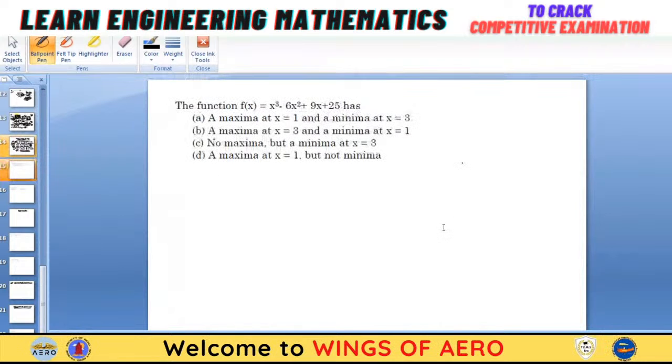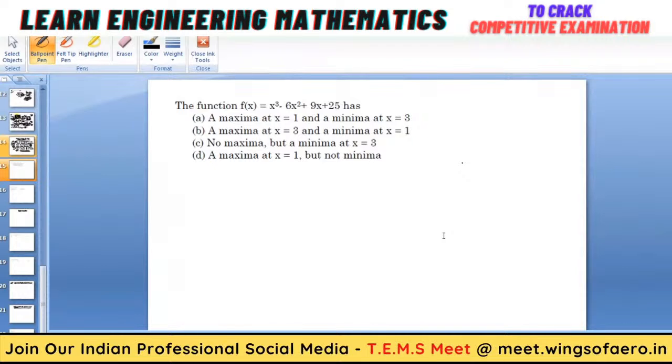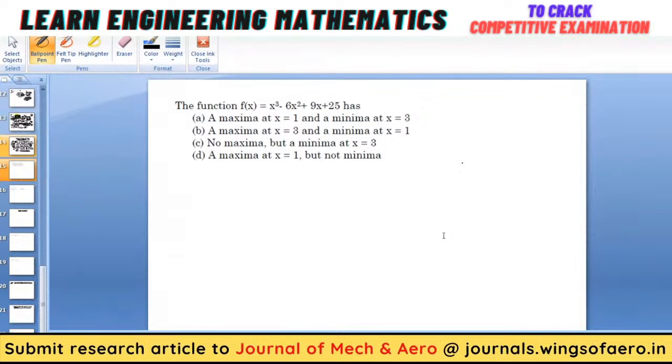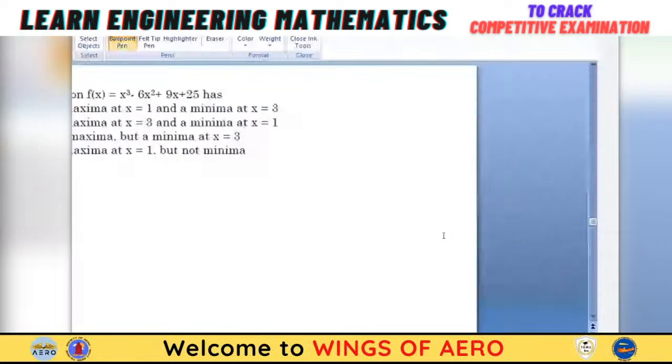Already you have done partial maxima minima, that is taking the derivative, equating to 0, and finding the values of x. The rest of the part is to find the second derivative and put the values of x. Second derivative greater than 0, minimum; less than 0, maximum.